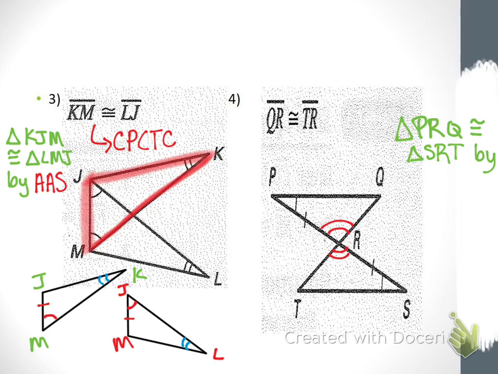Once we've done that, then we can say those triangles are congruent by angle side angle. And once we've done that, then we can say QR and TR are congruent by CPCTC. You kind of getting the hang of how these flow? Okay, same as before, tack on CPCTC at the very end.